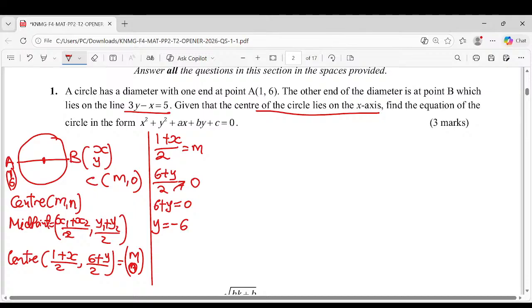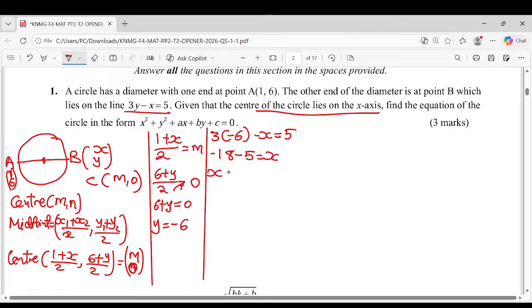So when you do that substitution, you are going to get 3 into negative 6 minus x is equivalent to 5. So this will be negative 18 minus 5 should give me the value of x.